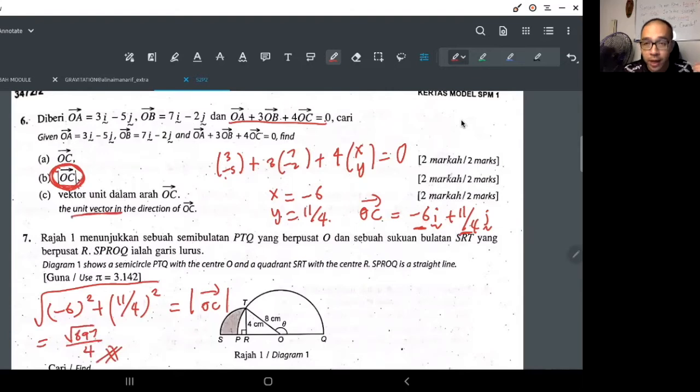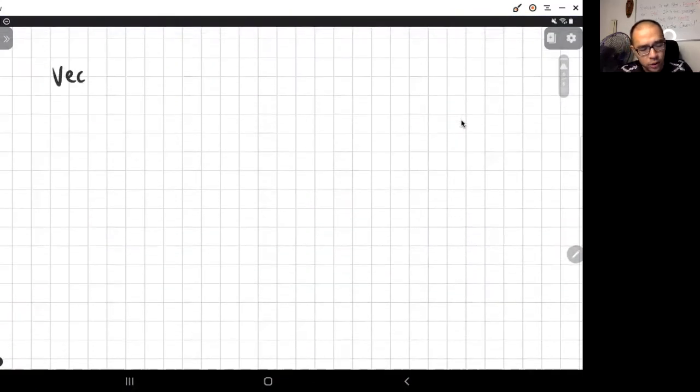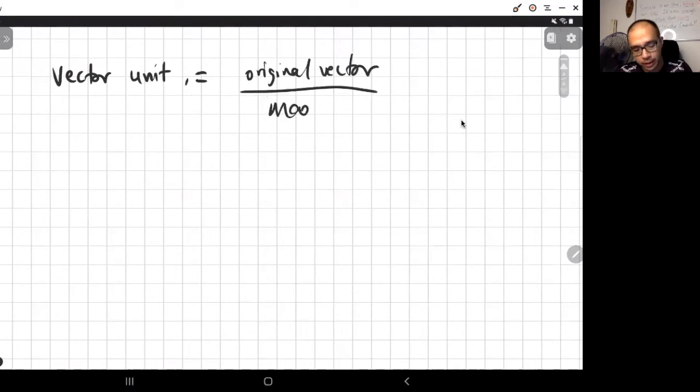Then finally, if they ask you to count magnitude, they will ask you to count the vector unit. Let me pause here to talk about vector unit now. Vector unit is the original vector divided by the magnitude.